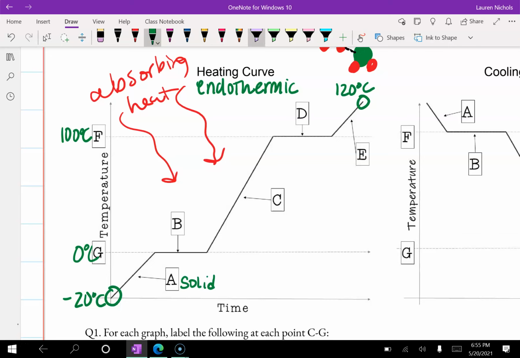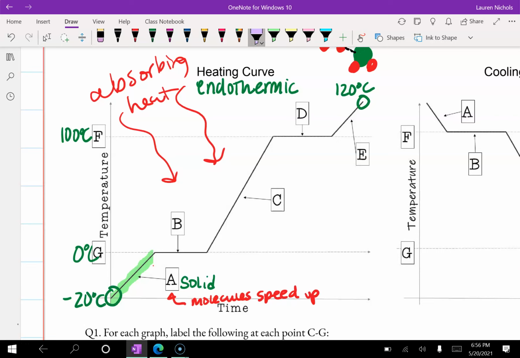And so what happens is as you go, the temperature starts to rise. The molecules start moving faster and faster and faster because changing the temperature changes the speed. So at point A, the molecules start speeding up.